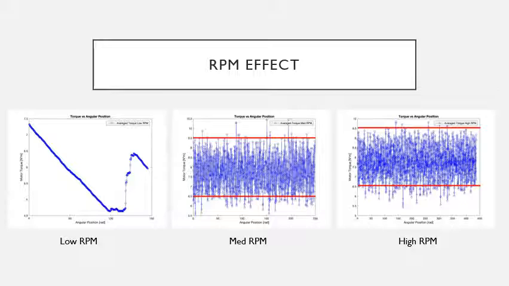The first plot for low RPM provides an almost linear trend where the motor torque decreases as the angular position increases, up until around the 125 radians mark, where the torque comes back up before seeming to decrease once again. For medium RPM, the max value of motor torque increases, as the torque reaches values of around 10.5 Newton meters versus the high of around 7.5 seen on the low RPM graph.